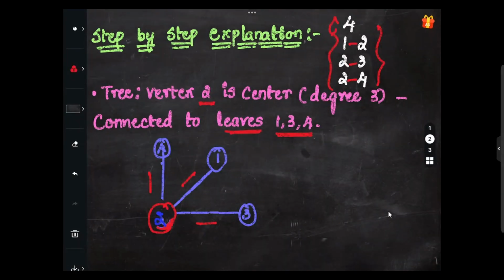Vertex 2 is the center with the degree 3, it is going to 4, 2 to 4, 2 to 1, as well as the 2 to 3. So vertex 2 is the center with the degree 3 that is connected to the leaves 1, 3, 4 respectively. So vertex 2 is the center here, right? So this we know, this is fine.